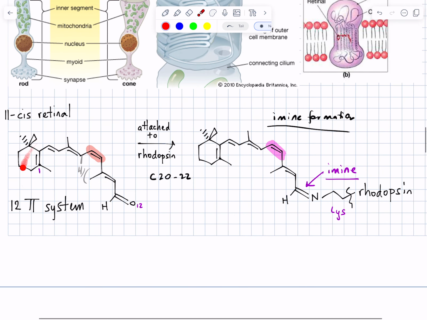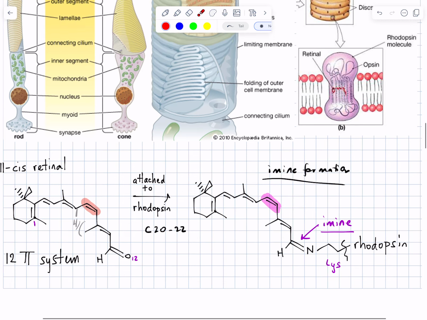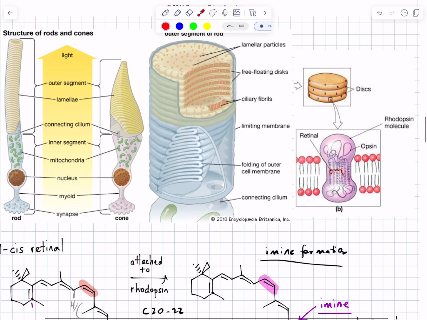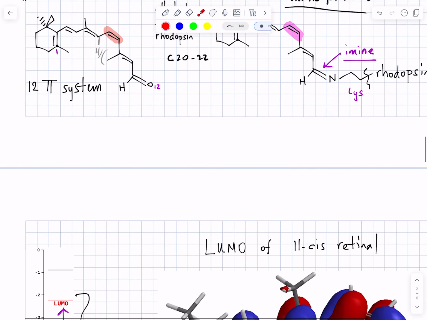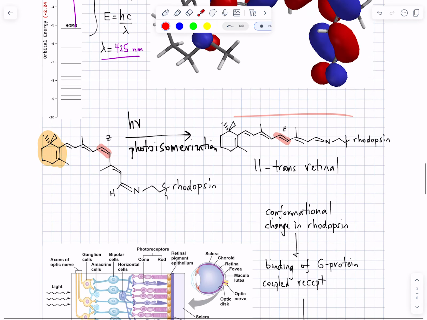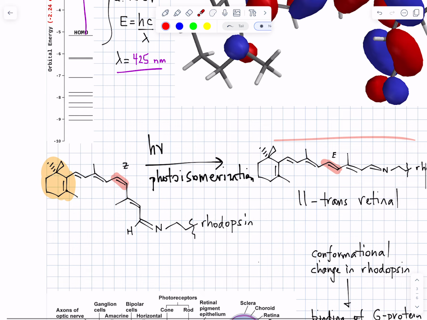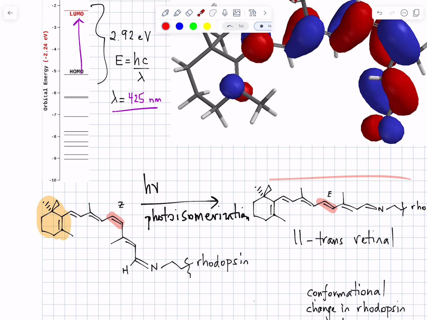So this molecule gets attached to the inside of a protein called rhodopsin, which is packed into the outer segments of your rods and cones. This does the absorbing of light. What ends up happening is that when you absorb light, you excite an electron from HOMO to LUMO. Populating an antibonding orbital, even with one electron, should weaken a bond.